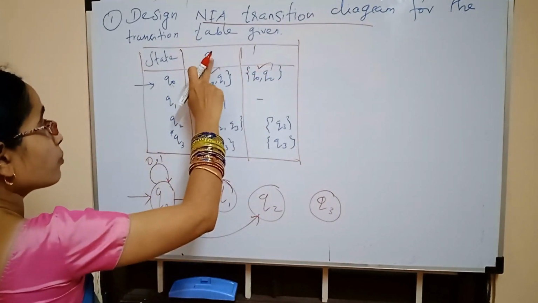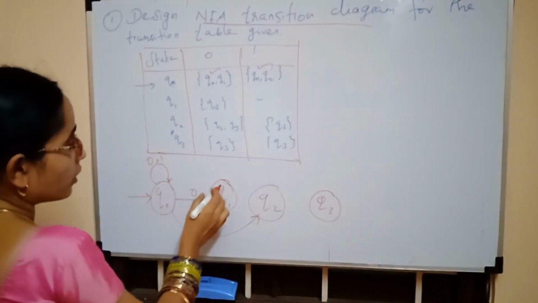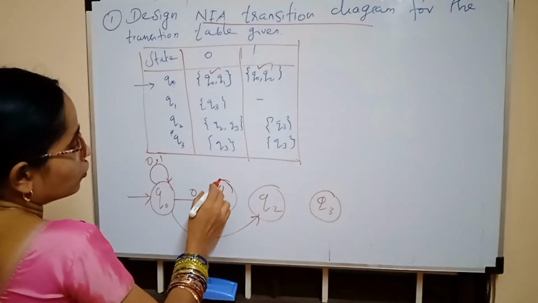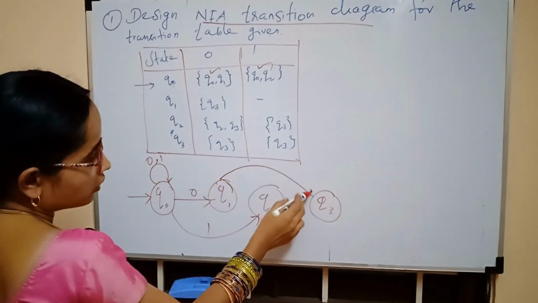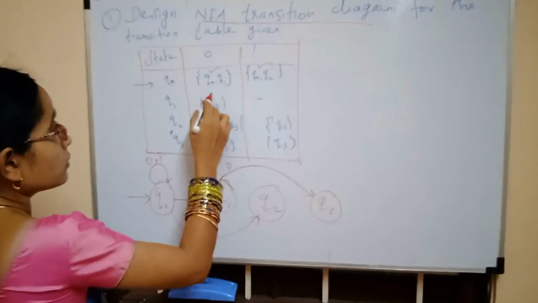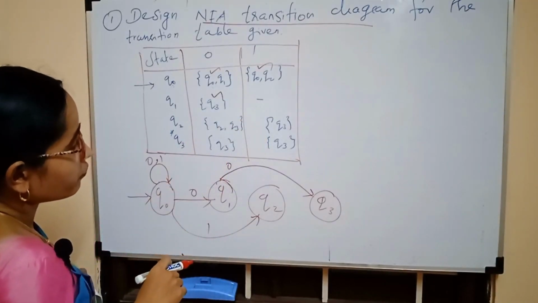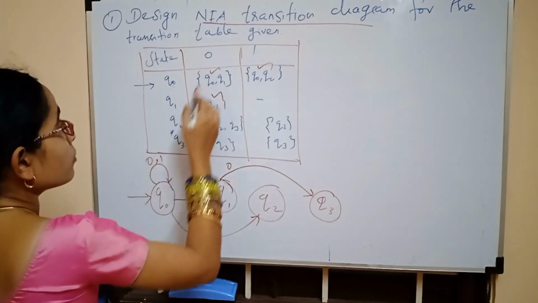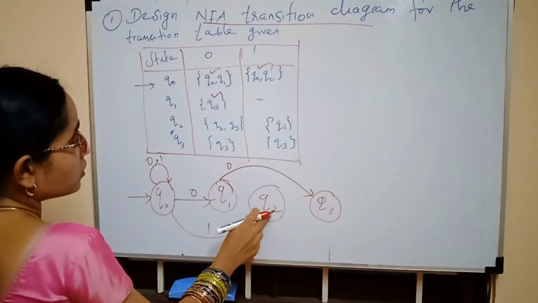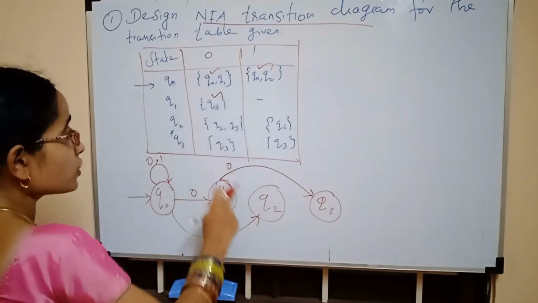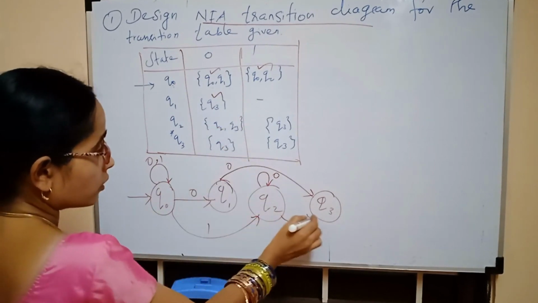Now Q1, on seeing symbol 0 on the state Q1, it goes to Q3. Here there is no move on 1, so you will not be making any diagram. Now Q2 comma 0. Being in state Q2, on seeing the symbol 0, it goes to Q2 as well as Q3.